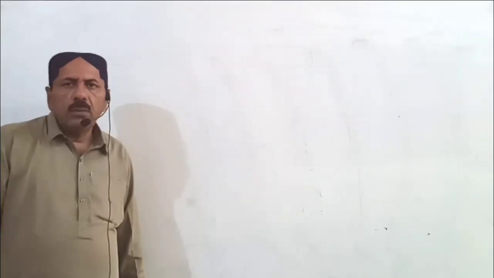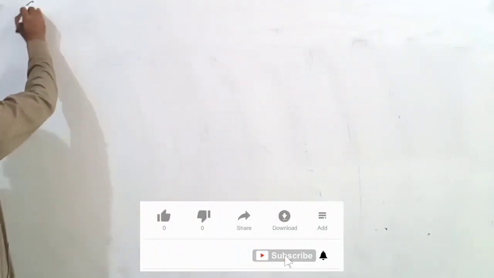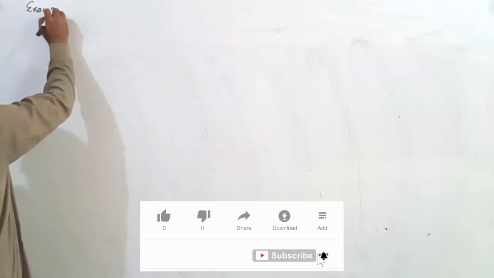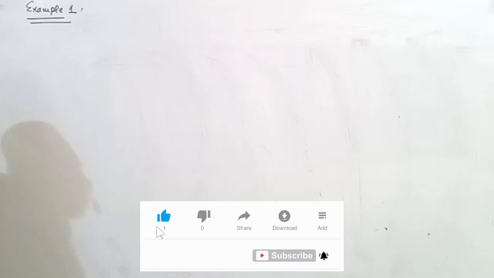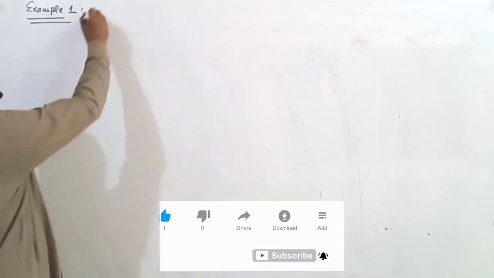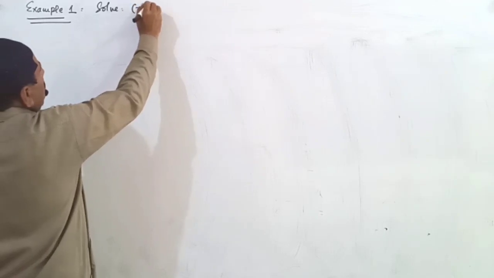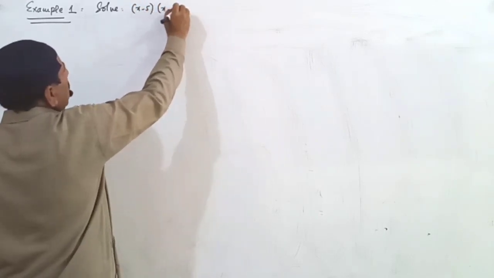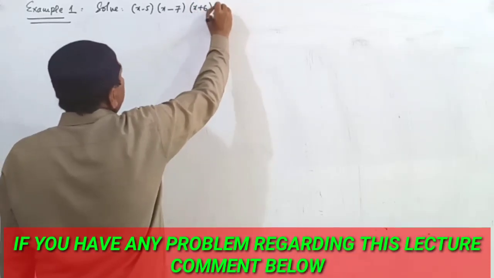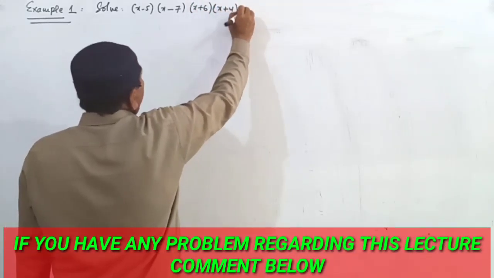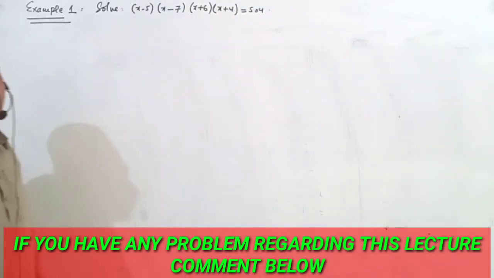Now, the example related to the first year class. Example number 1 is, we have to solve (x minus 5)(x minus 7)(x plus 6)(x plus 4) is equal to 504.